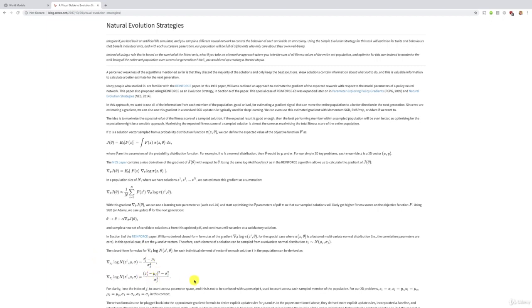You clearly get the intuition of the natural evolution strategies with that classic gradient step to compute the new parameter, which will take us closer to the best solutions, to the global maximum, when we then sample a new set of candidate solutions from that updated probability density function.